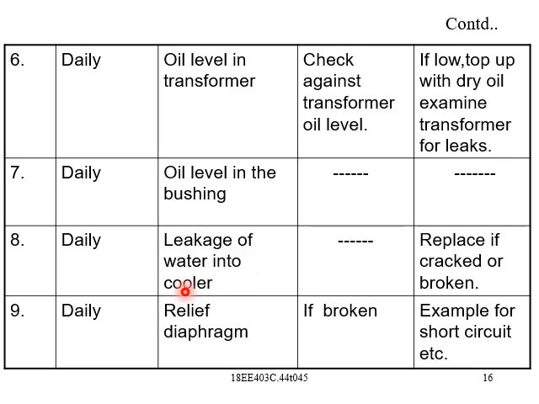If there is any leakage of water into the coolers, then what happens: the oil circulates from the tubes or radiators to the tank and back to the radiators, so any leakage of water into the cooler leads to damage of the oil. So if we observe any leakages, we need to replace the coolers if cracked or broken coolers are seen.